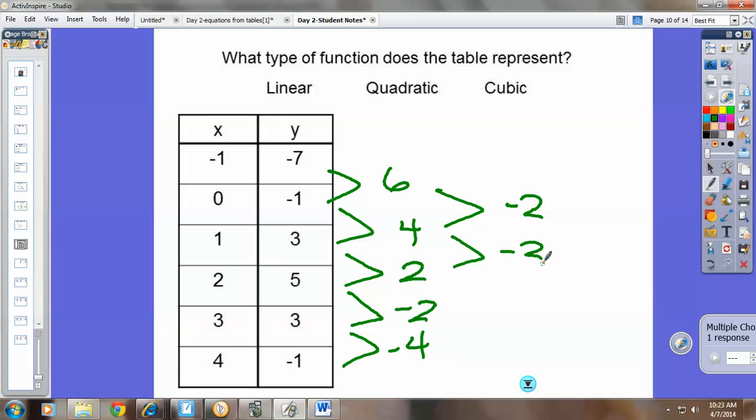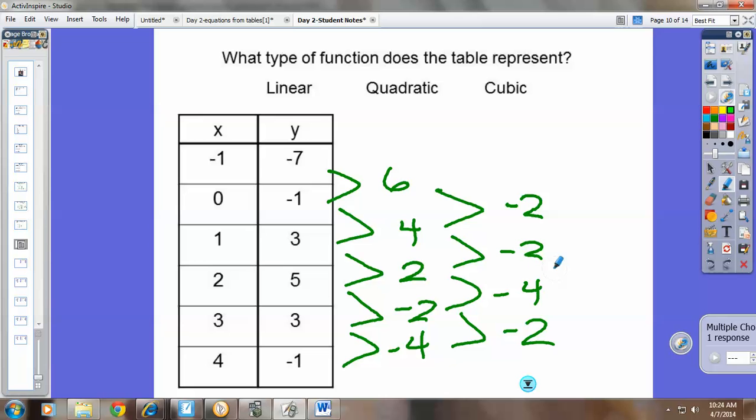Negative 2 minus 2. It's negative 4. Negative 4 minus a negative 2. Not 2. Negative 2. Now, somebody might say, well, your second difference is not the same.